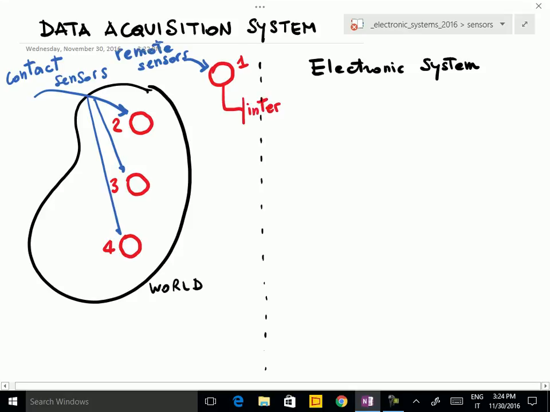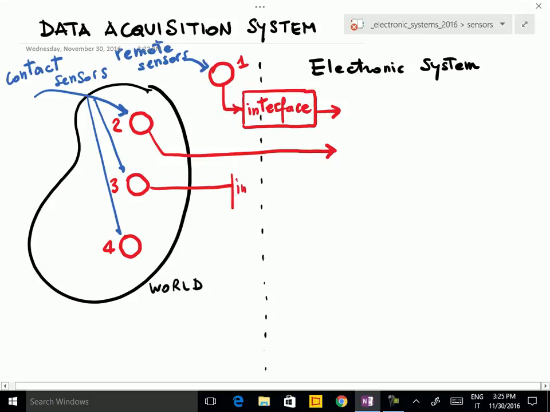Now, at the output of these sensors, we have an electric signal, as we know, and then we have an interface to the electronic system. Sometimes the signal is already conditioned to not require an interface.